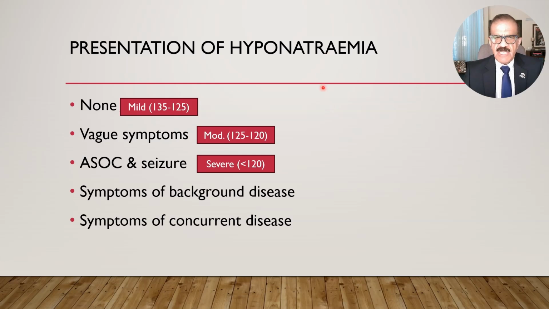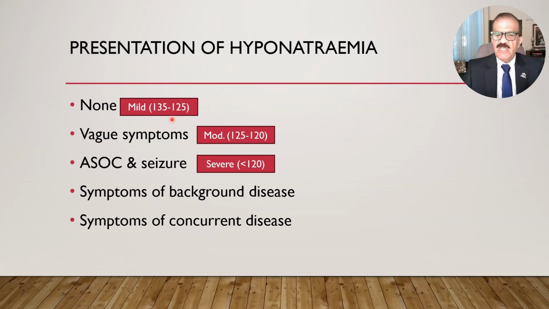So the symptoms, let's talk about the clinical presentation. In mild hyponatremia, of course there are some clinical situations where we already suspect hyponatremia, but I'm talking about this laboratory abnormality. If you have mild hyponatremia, like sodium less than 135 but more than 125, you may not have any symptom at all which can be attributed to hyponatremia.